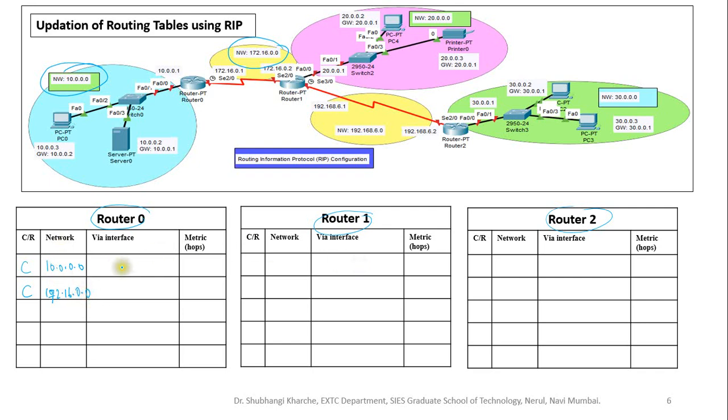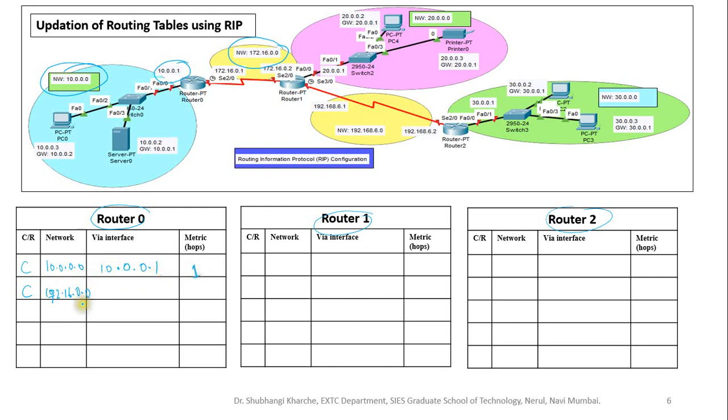Router 0 is connected to the 10 dot network via the interface 10.0.0.1, and the number of hops, which is the routing metric used in the RIP routing protocol, is 1 for this network. Router 0 can reach this LAN network, that is 10.0.0.0, via this interface with a hop count of 1.